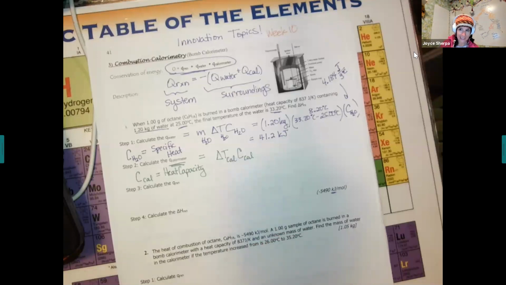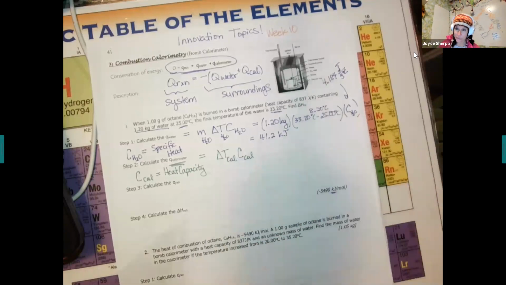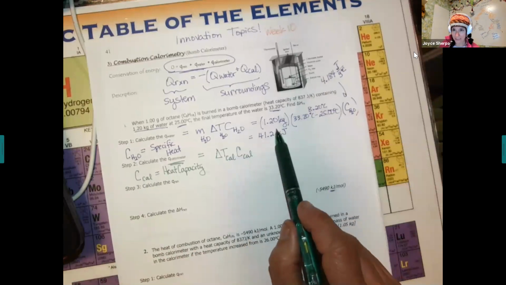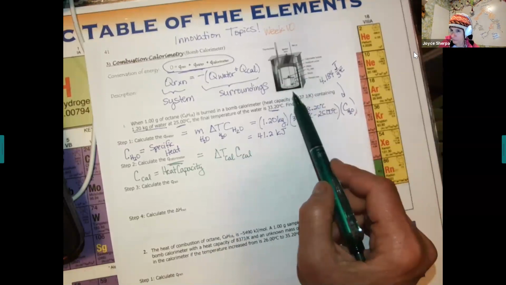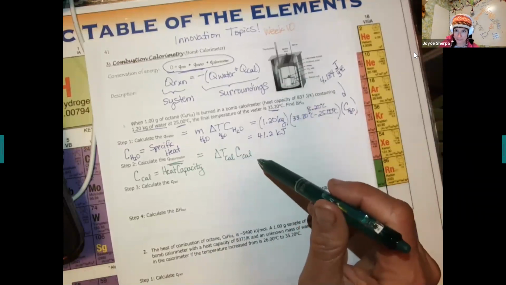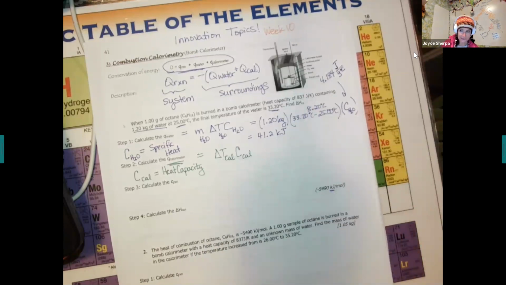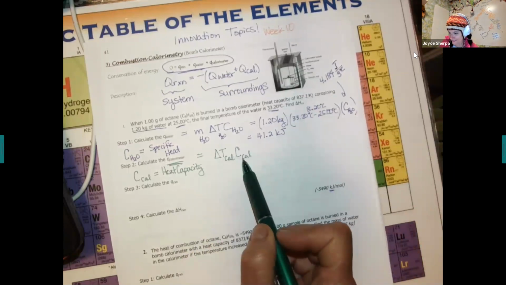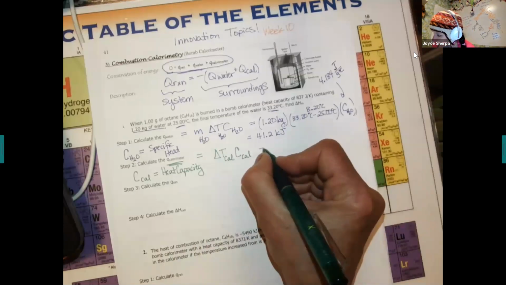The reason for that, my simple way of thinking about it, is the size of the calorimeter has already been factored in by the amount of water that is in the calorimeter. So the size of the actual calorimeter doesn't matter. The substance it was made out of is what matters, and that's the heat capacity. So the difference between them is that heat capacity doesn't factor in mass, so the units are going to be slightly different.